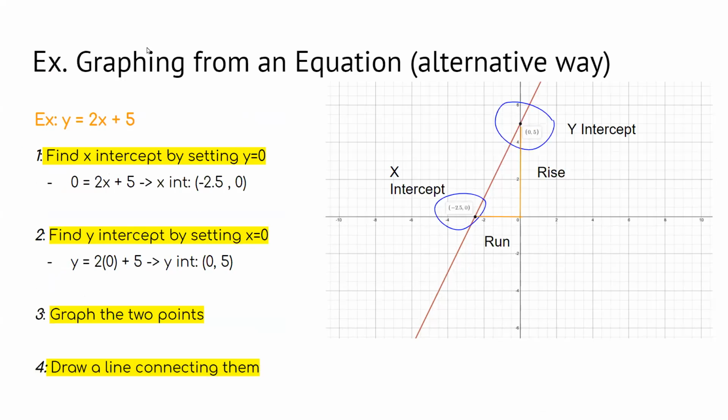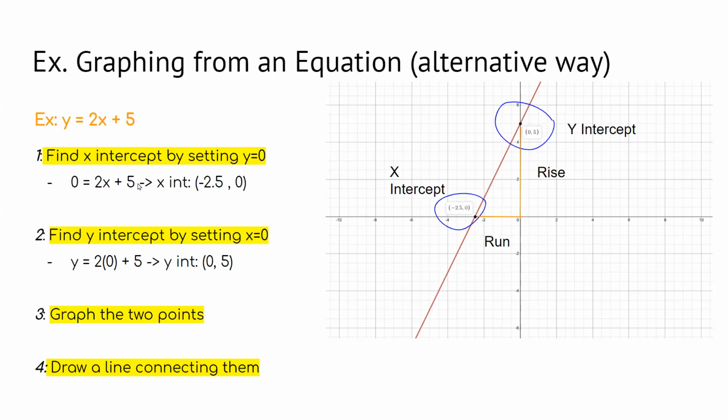So there's another way to graph from an equation. We can actually first use the x-intercept rather than the y-intercept. We're still given the same equation, but the y-intercept is when x equals 0, and the x-intercept is when y equals 0.